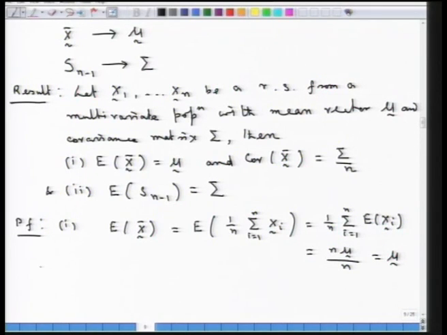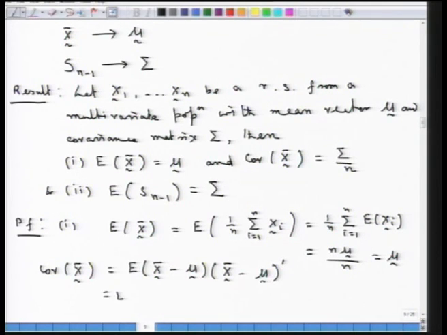We can also now look at the second result, which gives us the covariance of this x bar vector, which by definition of the covariance matrix of any random vector would be given by x bar minus its expectation vector, which is mu as we have derived, multiplied by the transpose of that same quantity.